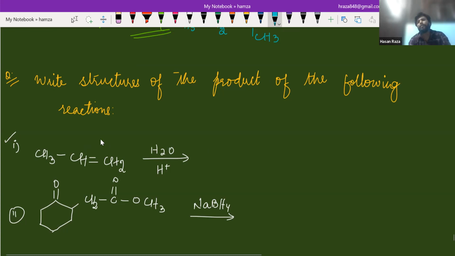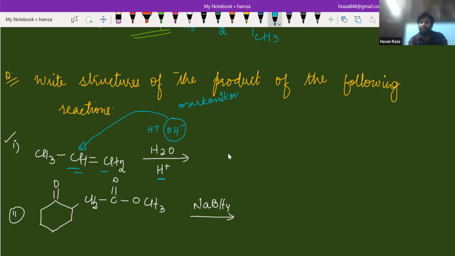So see, recognize the reaction. This is alkene and this is H2O in the presence of H plus. Catalytic hydration. H2O has two parts, H plus and OH minus. Now Markovnikov's rule follows. If you have studied it in class 11th as well as class 12th, previous chapter, haloalkanes and haloarenes, Markovnikov says that the negative part of the addendum will go along the double bond to that carbon which has lesser number of hydrogen.